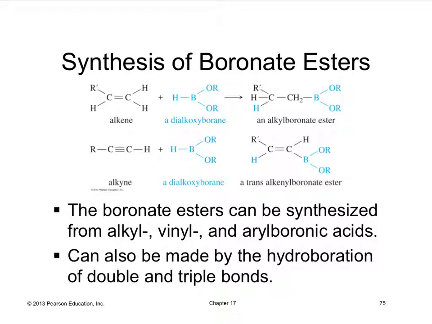So if we look at the synthesis of boronate esters, here's your alkene in the presence of a dialkoxyborane. You're going to get addition of the H and the B, just as we had shown previously with hydroboration. I'm going to draw the alkene right below so that you can see it, so please bear with me.